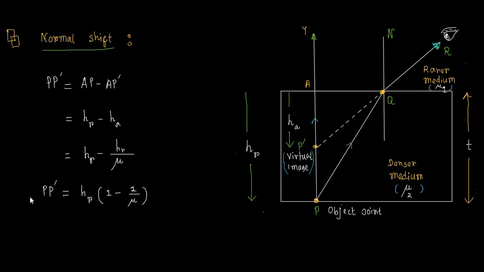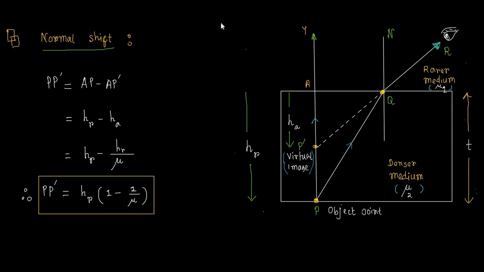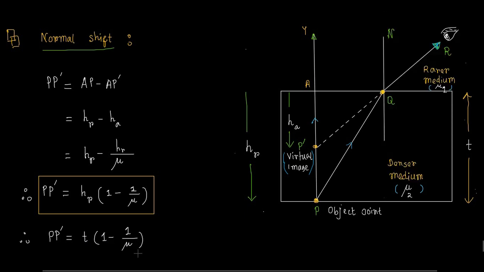That is, PP prime is equal to HR into 1 minus 1 by mu. That is, PP prime is equal to T, the thickness of the denser medium, into 1 minus 1 by mu.